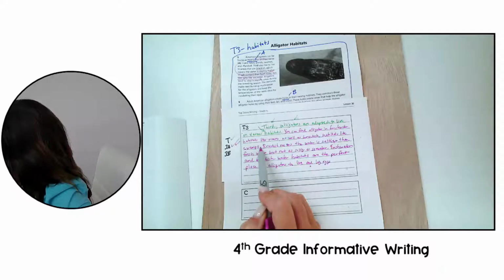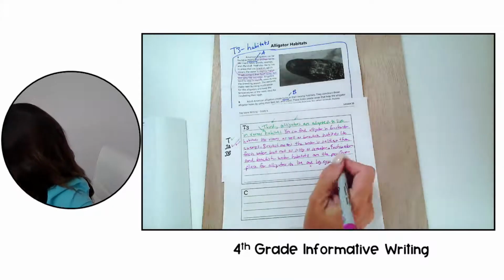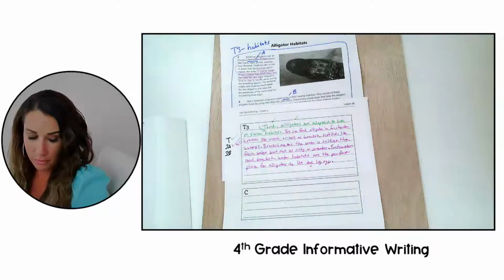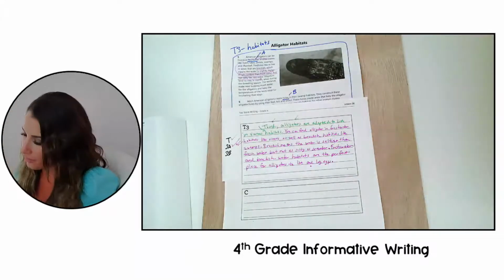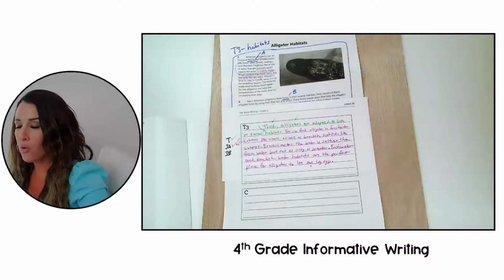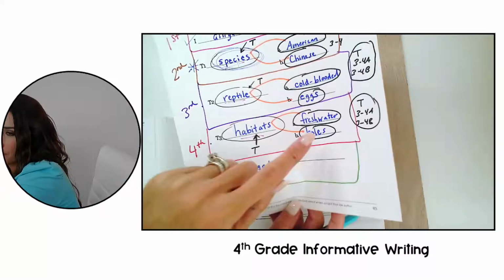There's one period, that's 1. Here's another period, that's 2. And period there, that's 3. I had 3 about A, so I can go to B. Remember, it's 3 to 4 about A, so you can write more. Okay, and my B is about the holes that they make.